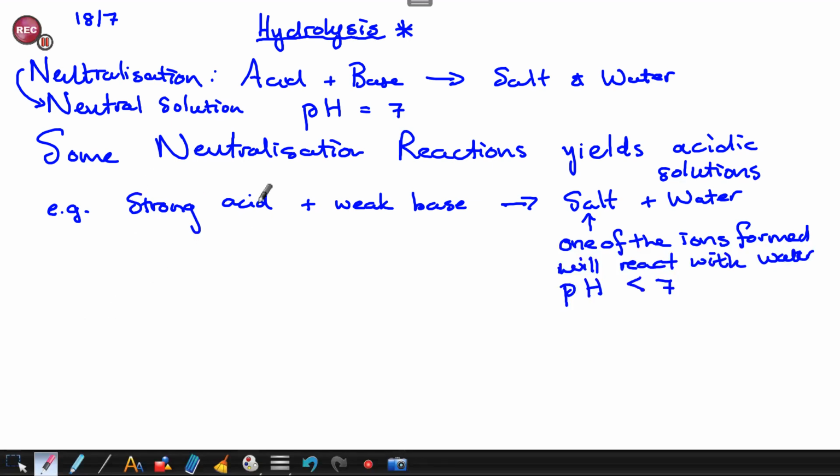So let's look at an example. Give me an example of a strong acid. HCl. So your strong acids are the HCl's, the HNO3s, and the H2SO4s. Those are the three very strong acids. Give me an example of a weak or a moderate base.